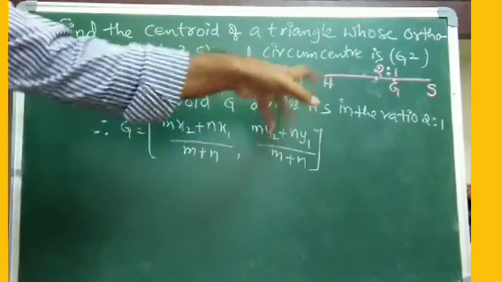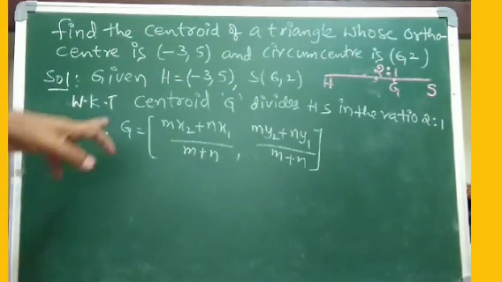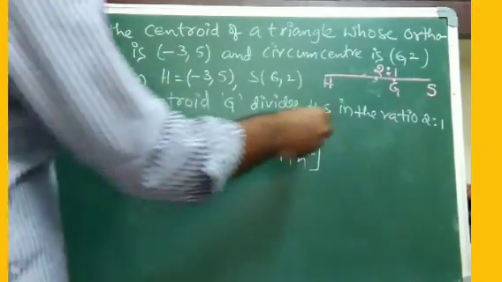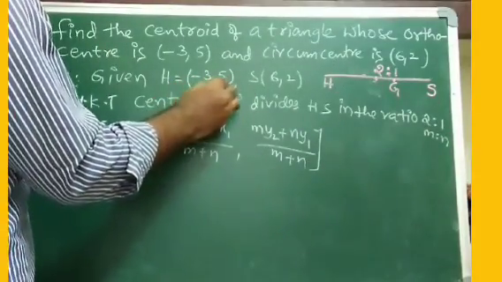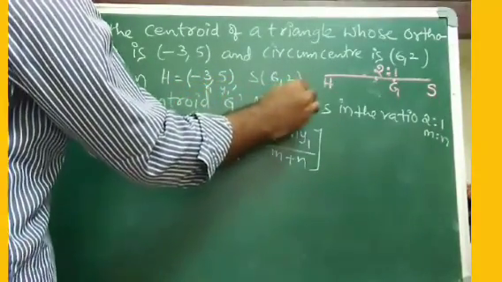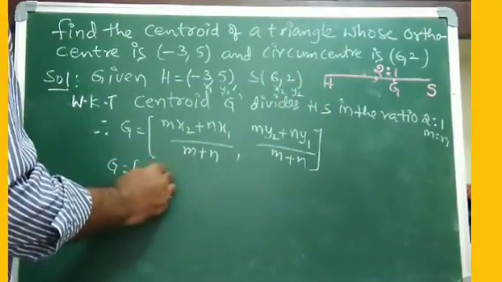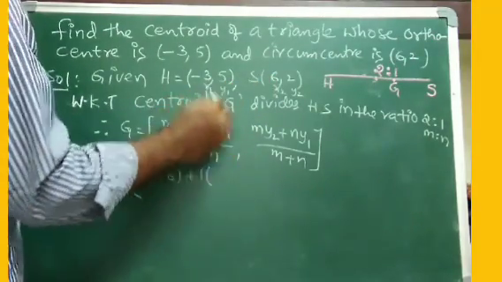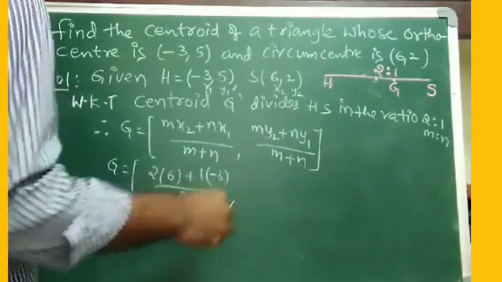Since it is dividing in the ratio 2:1, let me use the section formula, that is (mx2 plus nx1) by (m plus n), (my2 plus ny1) by (m plus n). You know the ratio clearly, which is m:n, and the first point is (x1, y1) and the second point is (x2, y2). So please substitute: 2 into 6 plus 1 into -3, by 2 plus 1.